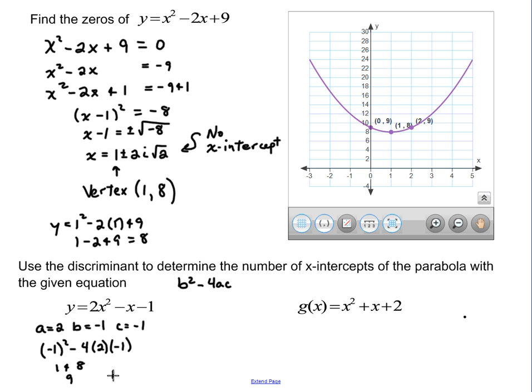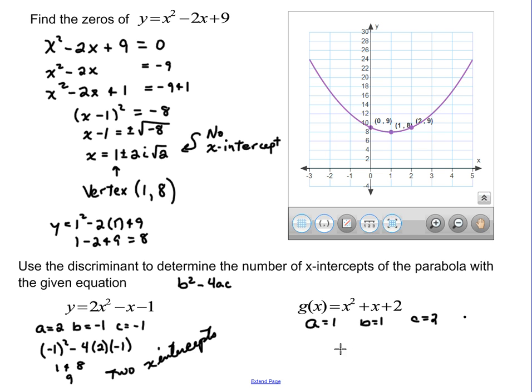So there will be 2 x-intercepts here. And if we really wanted to, it would be worth our time to find those. How about g of x over here? Will g of x have any intercepts? Let's check it out. A is equal to 1, b is equal to 1, c is equal to 2.